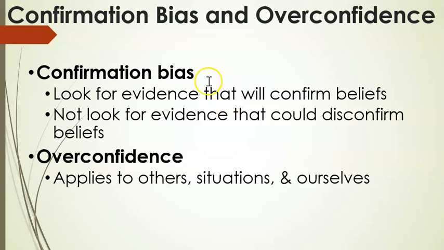So confirmation bias can be a problem when doing problem solving, as well as overconfidence. So this applies to others, both situations and ourselves. So you can be overconfident in other people, you can be overconfident in a situation, or overconfident in yourself.